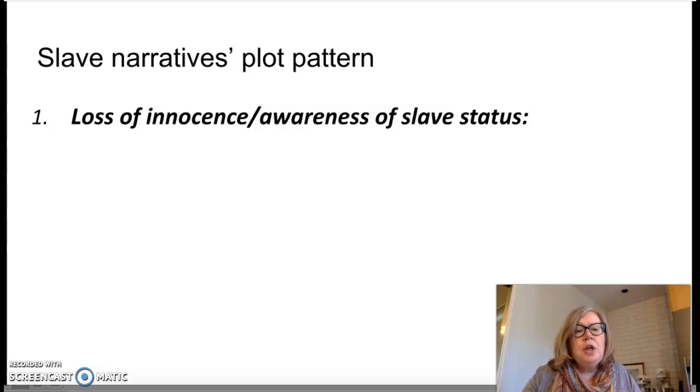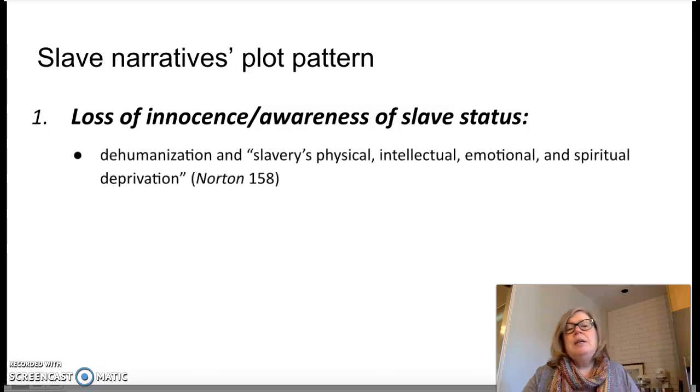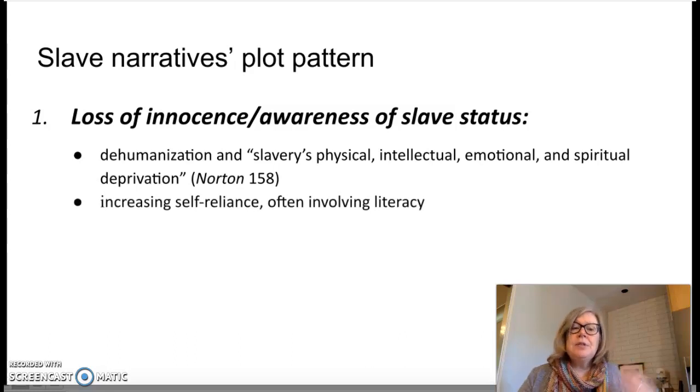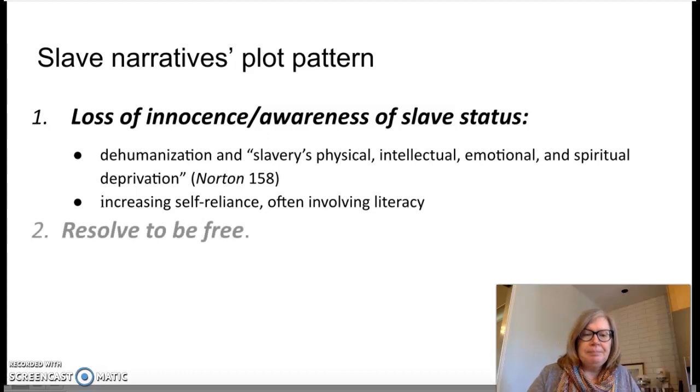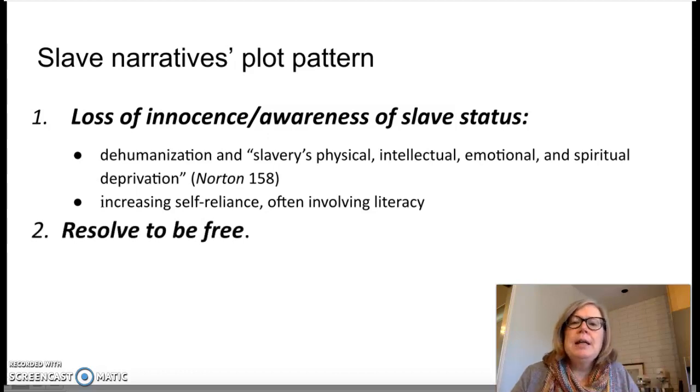And this stage really details the trauma of slavery, the dehumanization of slavery, and not just the physical anguish, but also the intellectual, emotional, and spiritual anguish and deprivation. This is according to the Norton Anthology of African American Literature. In this stage, the writer would describe an increasing self-reliance, sense of independence, and often that involved learning to read and write.